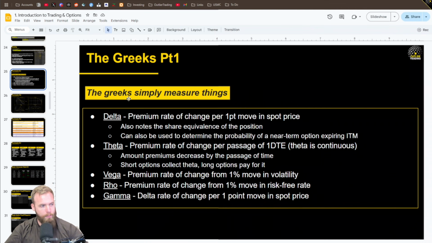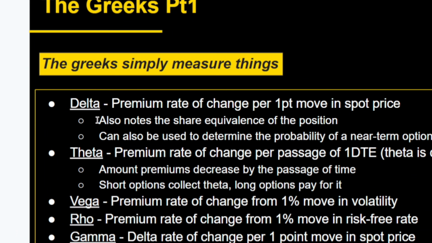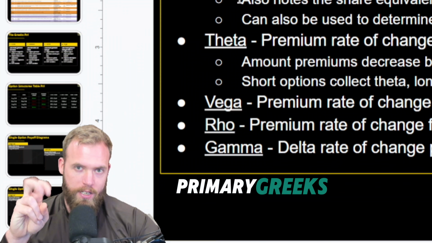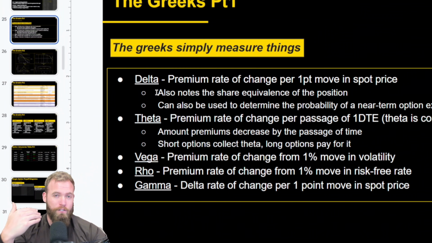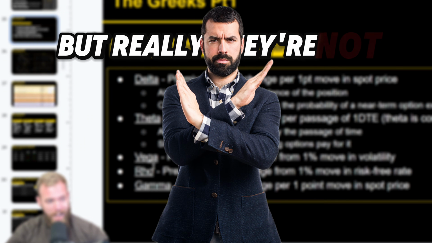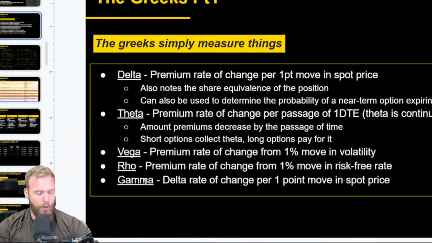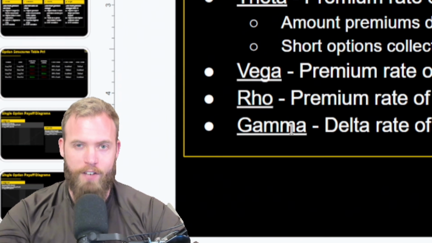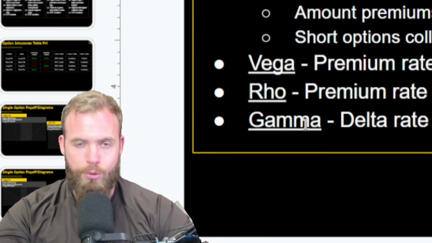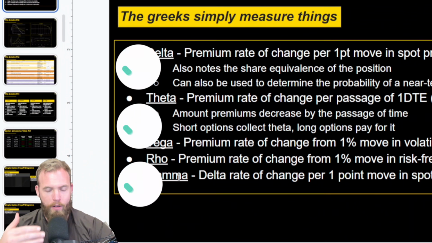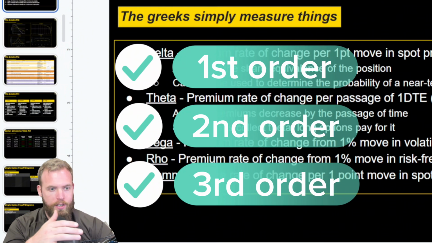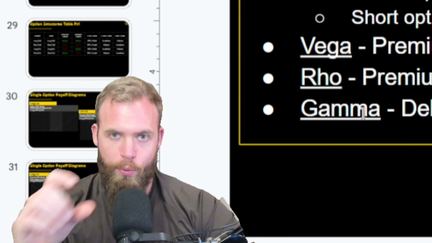Now, one admin note is that these are what we consider the primary Greeks. Some would call these the first order Greeks, but really they're not, because gamma is not a first order Greek. It's a second order Greek, which is a nerdy cocktail party fun fact that nobody cares about, but you should know. The way to think about first order, second order, third order simply pertains to what the Greek measures.